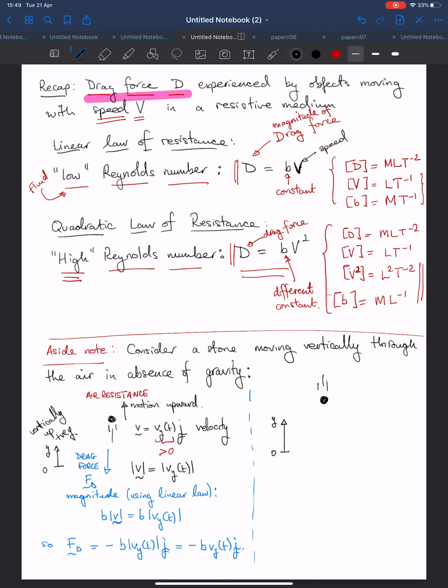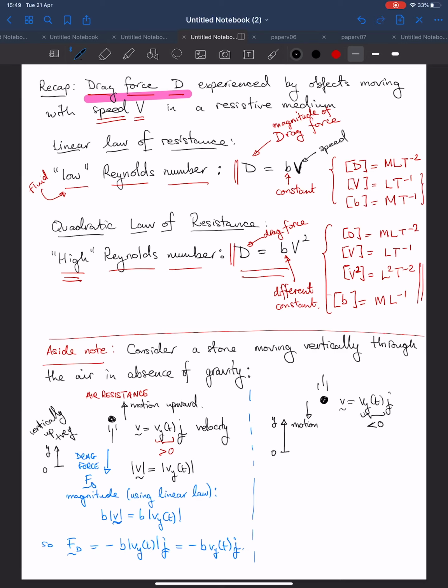I know I haven't put in gravity in this case, but let's assume it's on its way down. So this has, of course, again, velocity v of t. And this is on its way down, and we know now that this v_y should be negative. Let's write the symbols for this just to save space. So this should be less than 0.